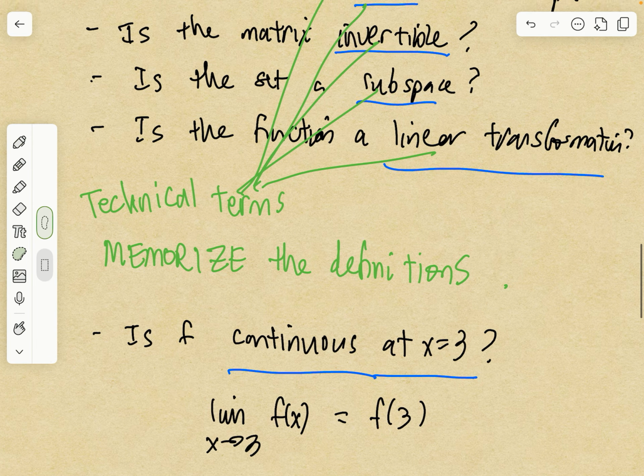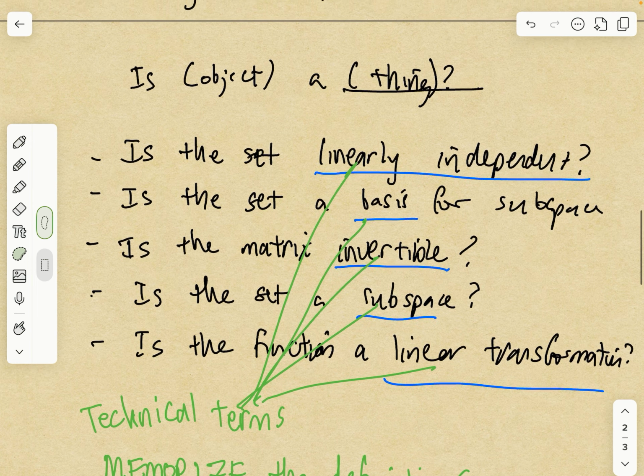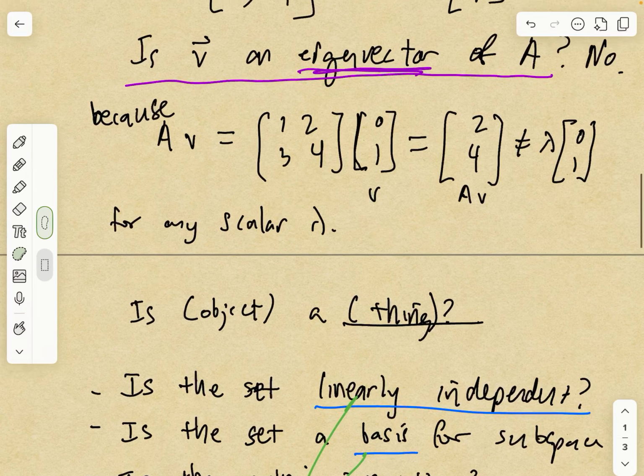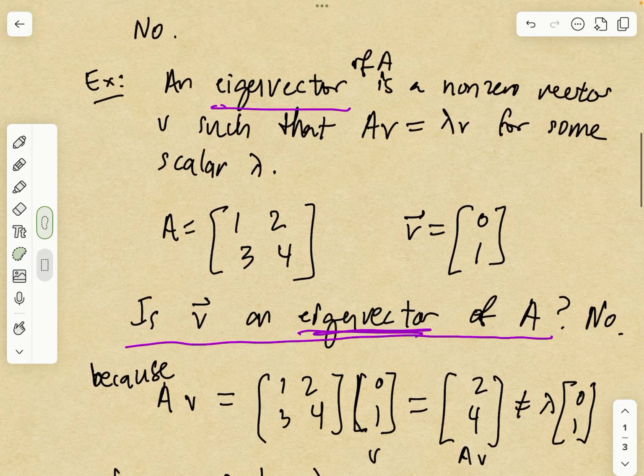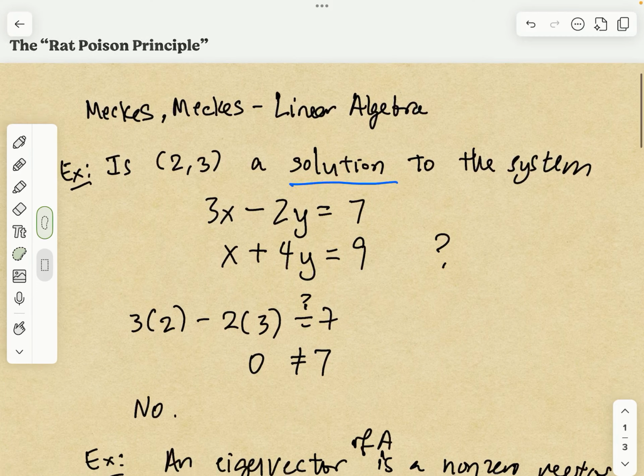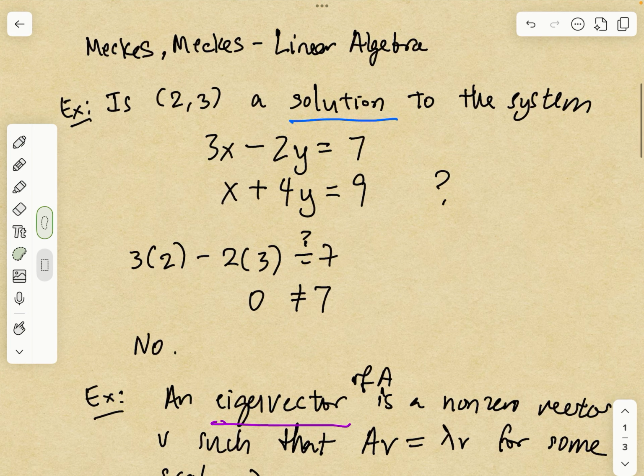So this might be something that you're not used to doing in previous math classes, and this is one of the things that I think a lot of students struggle with. I mean, it seems kind of obvious that, of course, if you want to know if something is, insert whatever technical term you have, of course you need to know what makes something count as one of those objects, right?